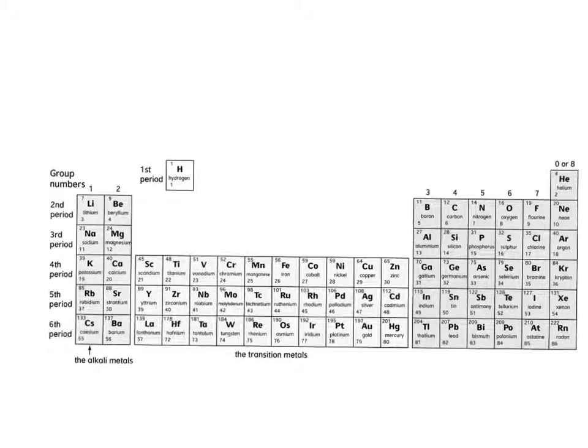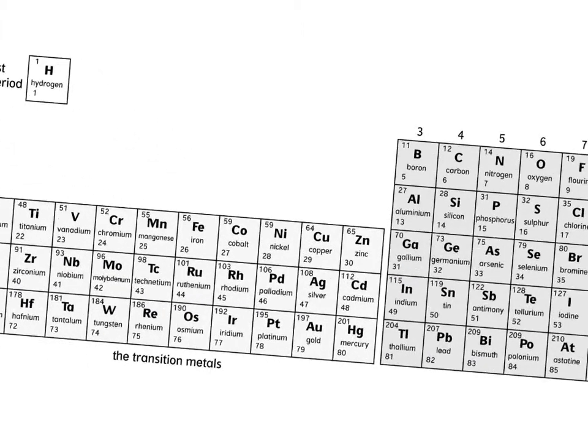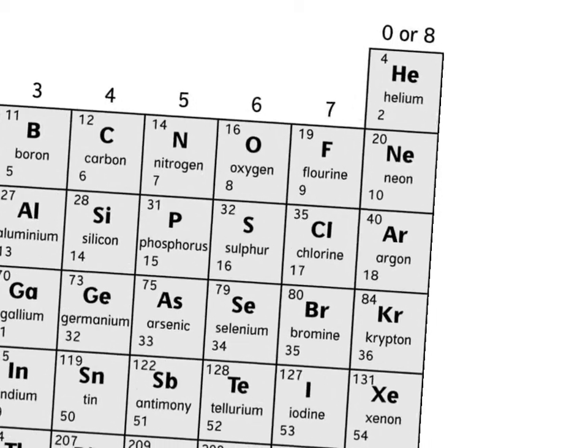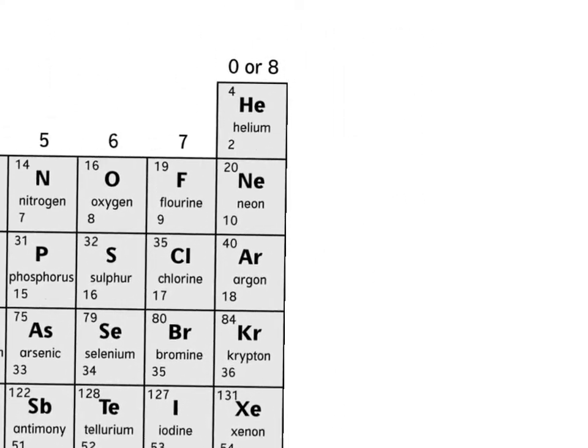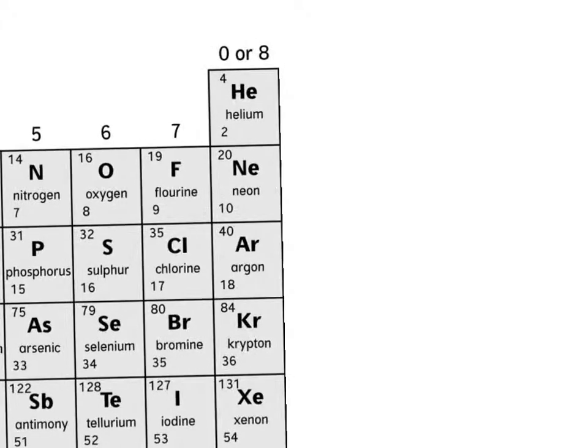Let's have a close look at the noble gases over here in the last column, which is called group 0 or group 8. Let's see how the electron arrangements are in those elements. Let's look at the first few, and it's the same pattern in the rest.